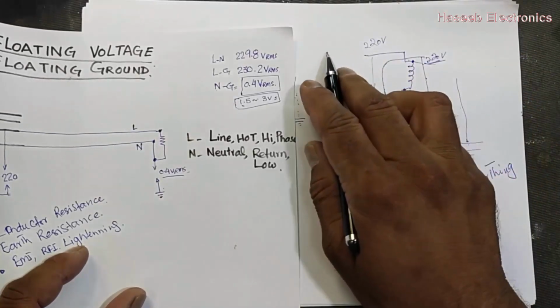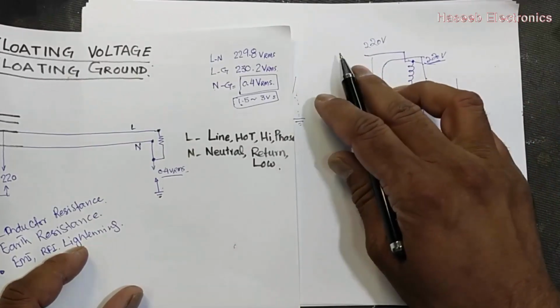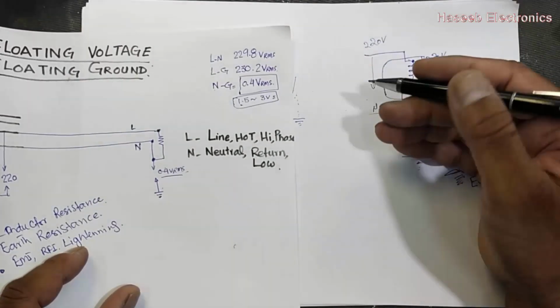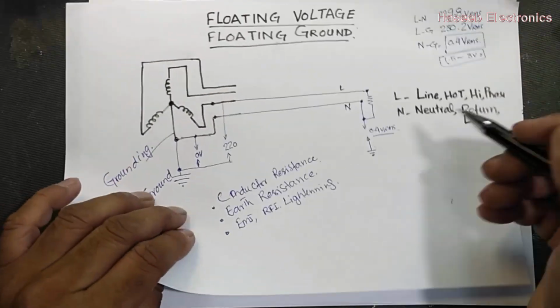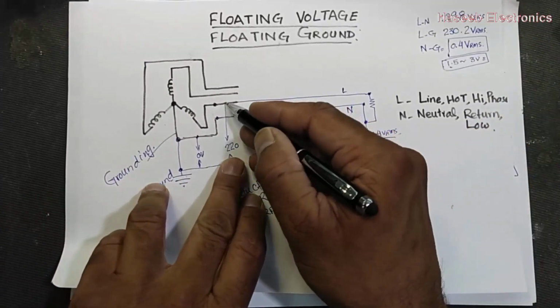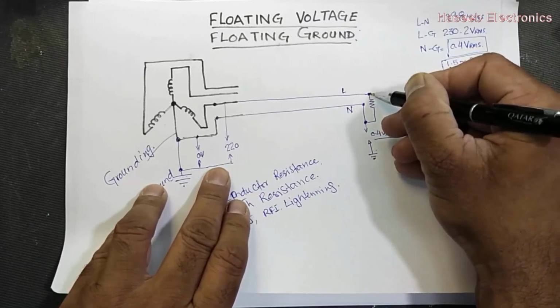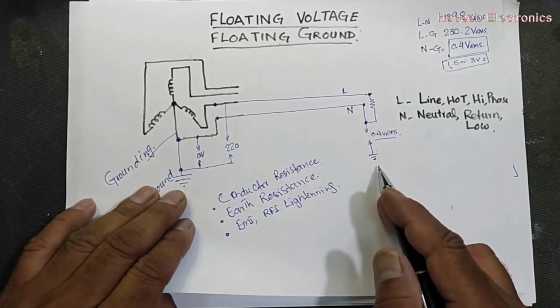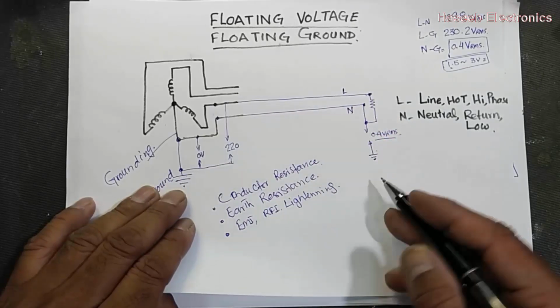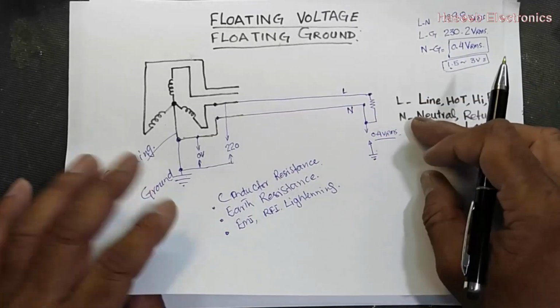It will cause the fuse to blow, or the circuit breaker to trip due to overcurrent. Why? In that case, we are connecting directly to the earth point. We give an easy path to the line voltage to enter the ground to protect the human body.